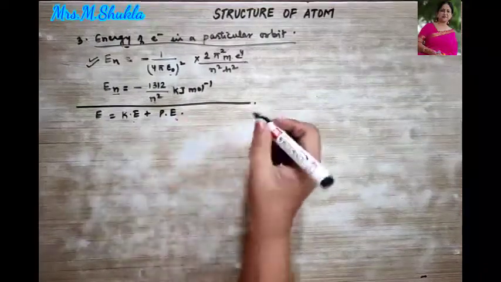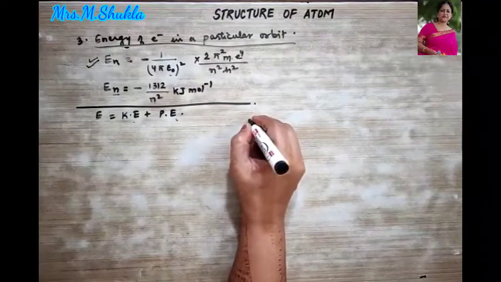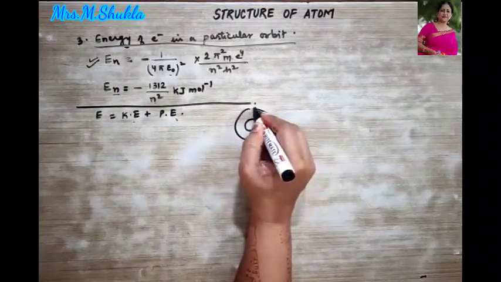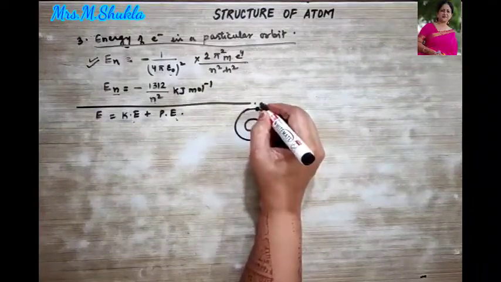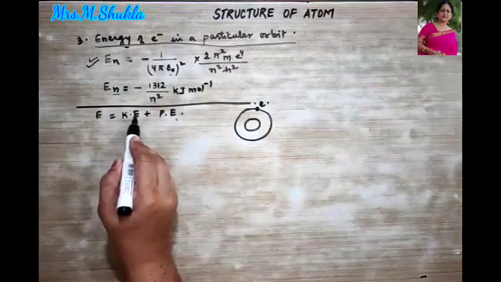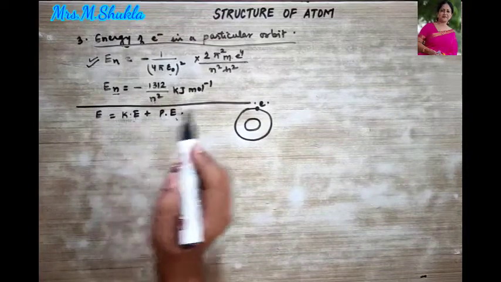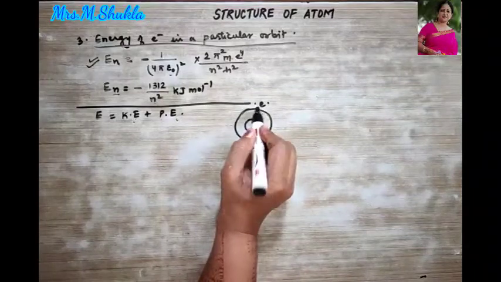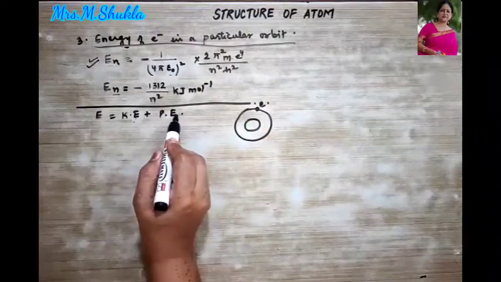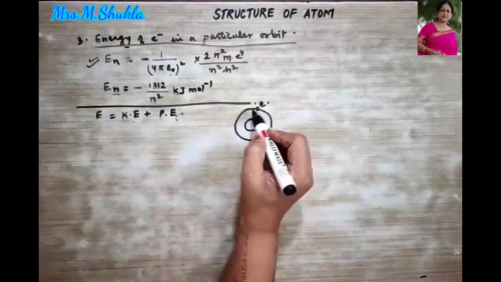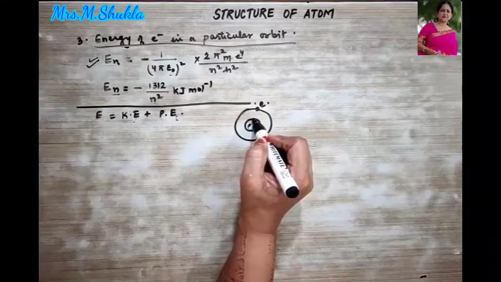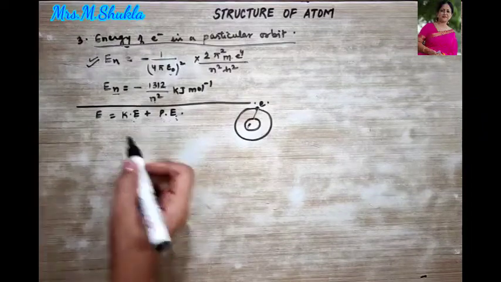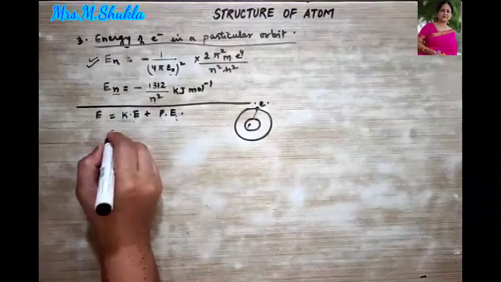I hope this is very clear. Again, I am repeating it over here. If this is a nucleus and this is your stationary orbit and this is your electron, then this kinetic energy is due to the movement of this electron in the circular path. And how do we get the potential energy? It is due to the force of attraction between the protons and the electrons. Is this point clear?